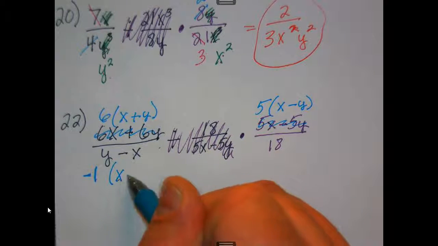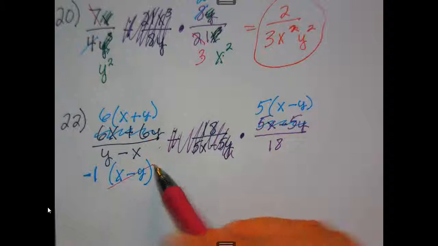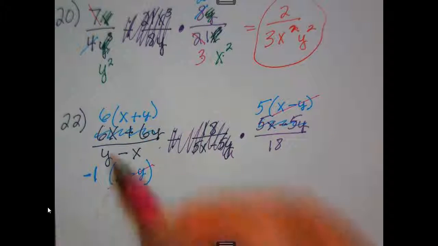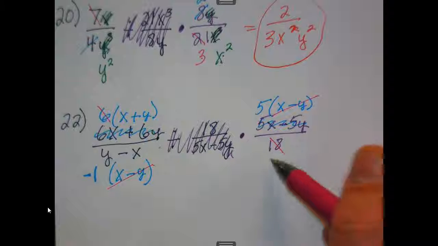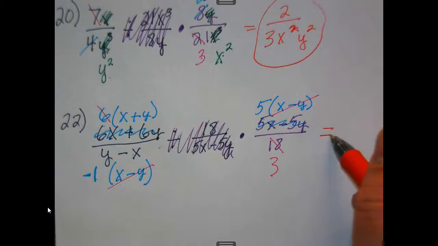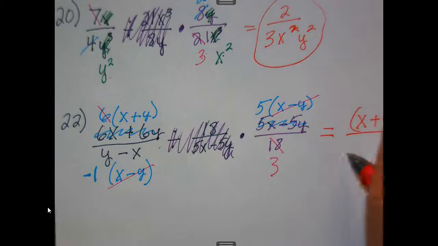Get an x minus y. That way I can cancel out the x minus y's. 6 goes into 18 3 times. Leaves me with x plus y and negative 3.